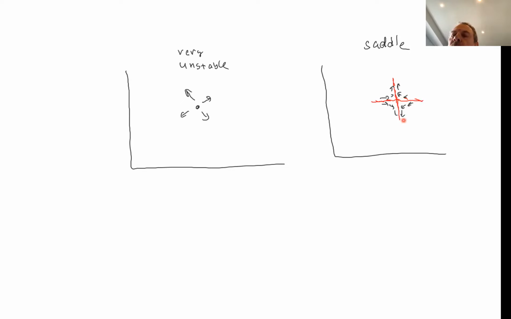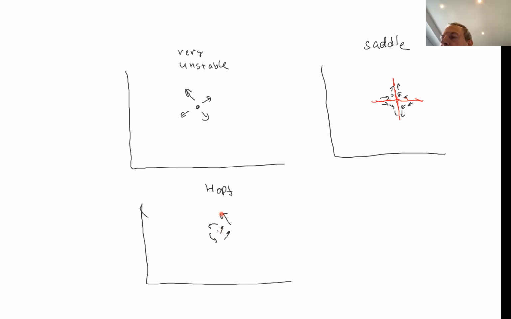And then there's one more kind, which is basically a Hopf, where you circle around the fixed point. So you start here, and the vector fields go like that. In this case, if you start right on the fixed point, you're fine. Start a little bit off, you circle around.